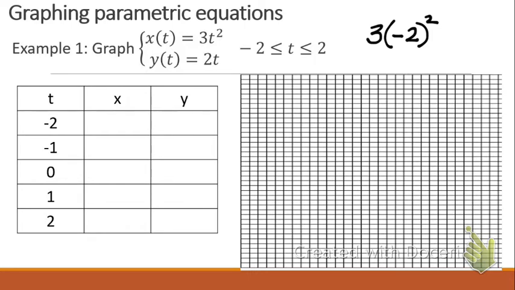So if you take 3 times -2 squared, your first number should be 12. 3 times -1 squared, that should be 3. Go ahead and fill in the rest.